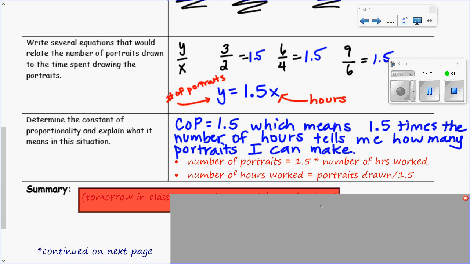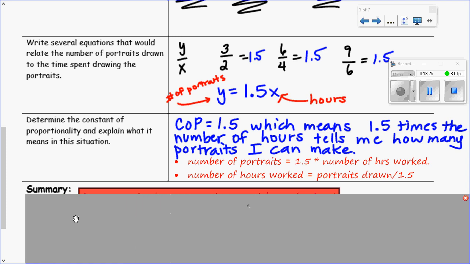Okay, you don't have to write the part in red if you don't want to, because it just kind of goes on to reiterate that.